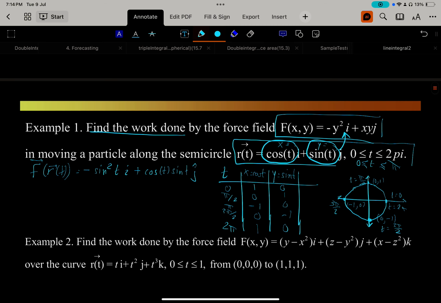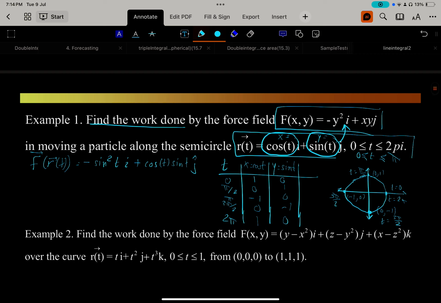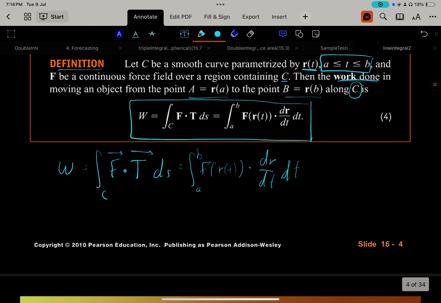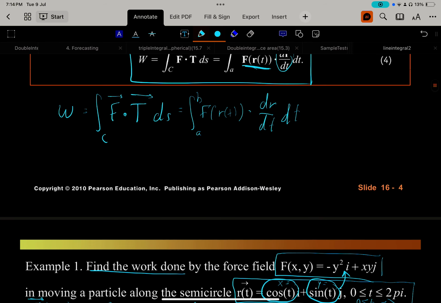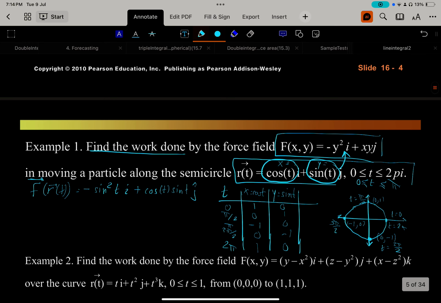That's basically it. And now, as we have done this, we found F of r of t. Now we need to find dr over dt, which is very simple. So finding r prime of t, which is dr over dt, is just minus sine of t times i plus cosine of t times j.